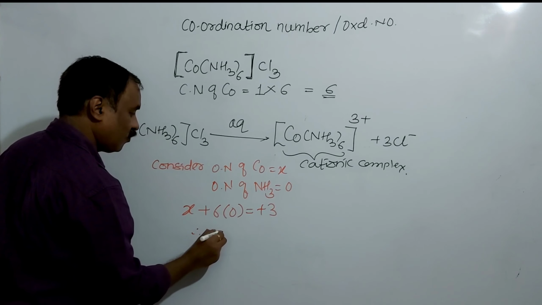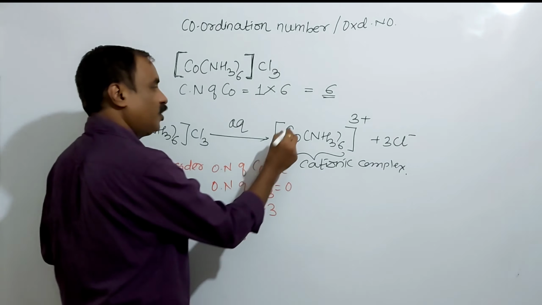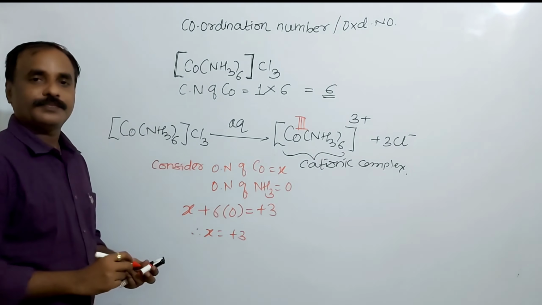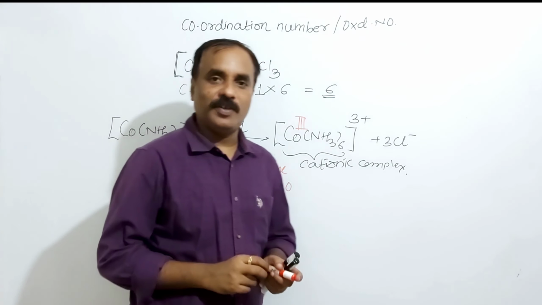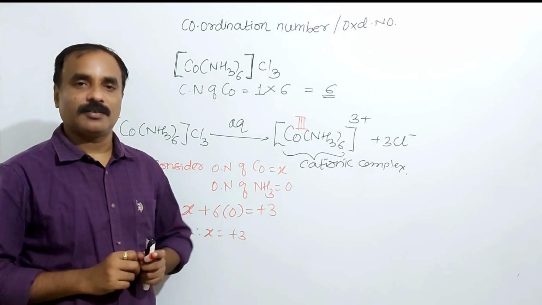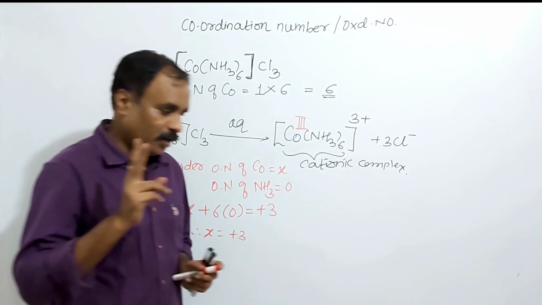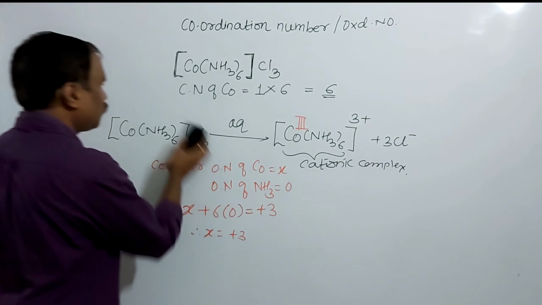Therefore X is equal to plus 3, and the oxidation number of cobalt is plus 3. By using this method, we can calculate oxidation numbers. We'll take different examples. Example number 2.